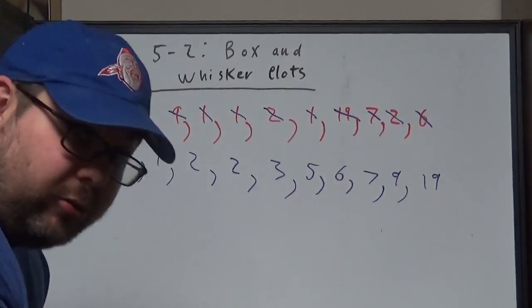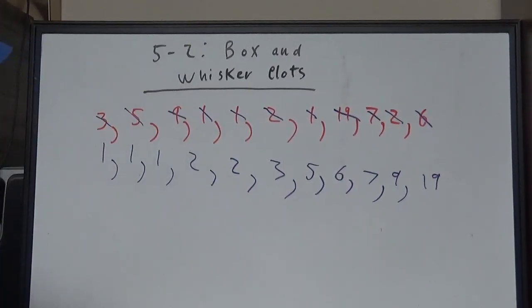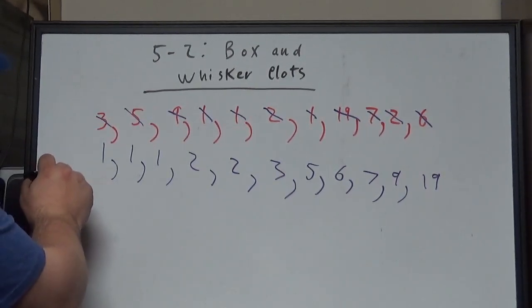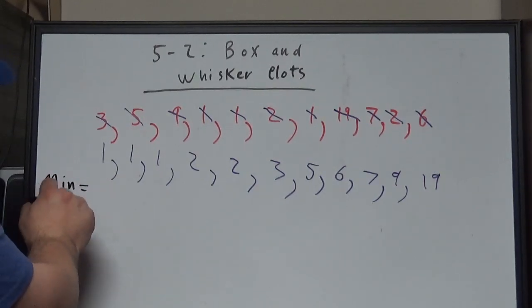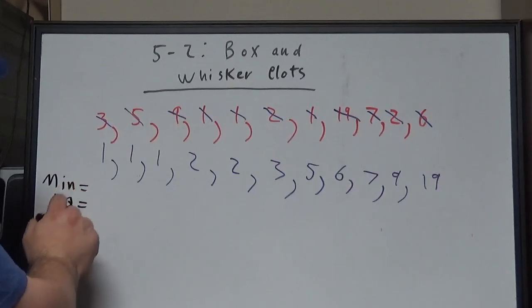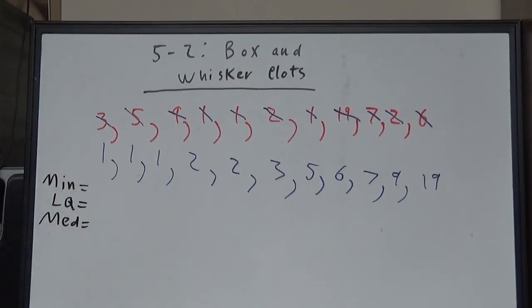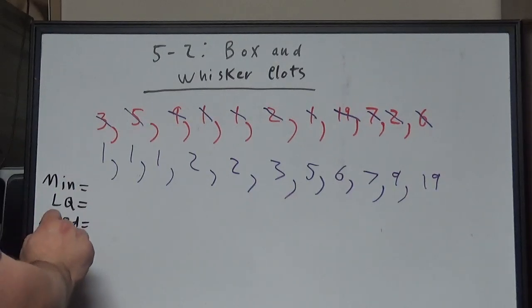Now what I'm going to do is find 5 numbers. I'm going to find what's called the minimum, the lower quartile, the median, upper quartile, and maximum.